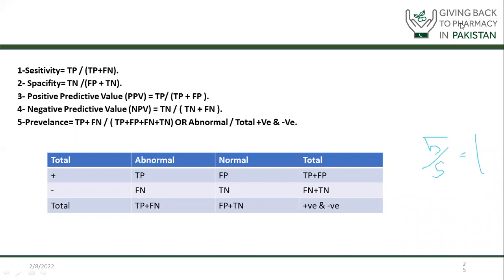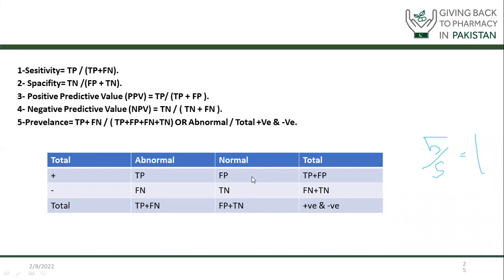So there are two types of patients: if the patient is positive or if the patient is negative. We will see which type the patient is. If the patient is positive, the patient can be a true positive, where the patient is positive and the test is also telling you the patient is positive. But there are some patients who are actually positive, but the test is telling you they are not positive.